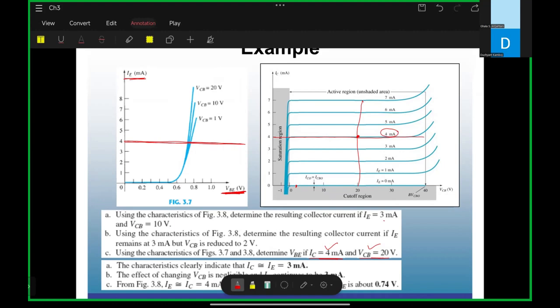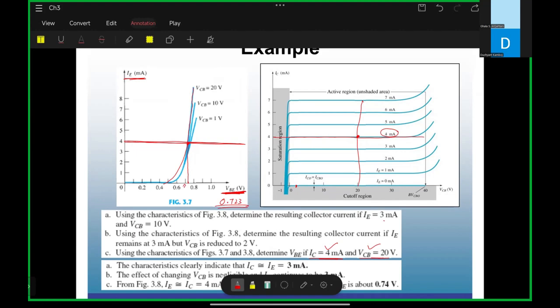At VCB equal to 20, which graph do we have to follow? This graph. So they will intersect with each other here, and you have to read that value. It's just above 0.7, 0.7 point something, 2, 3 like that.